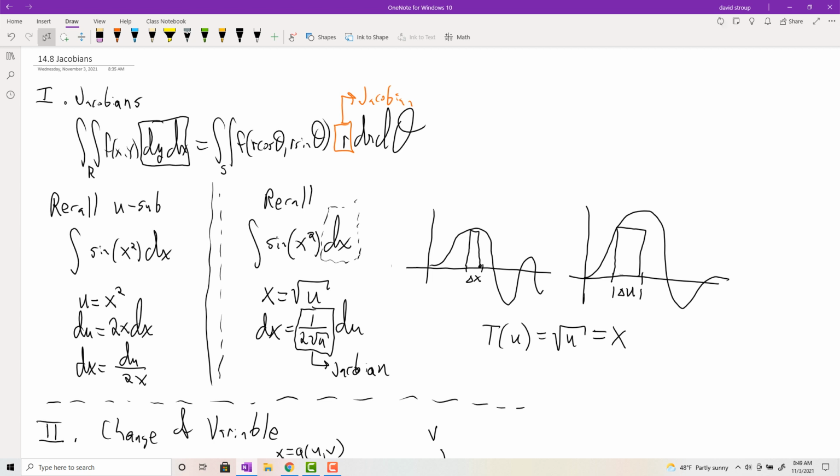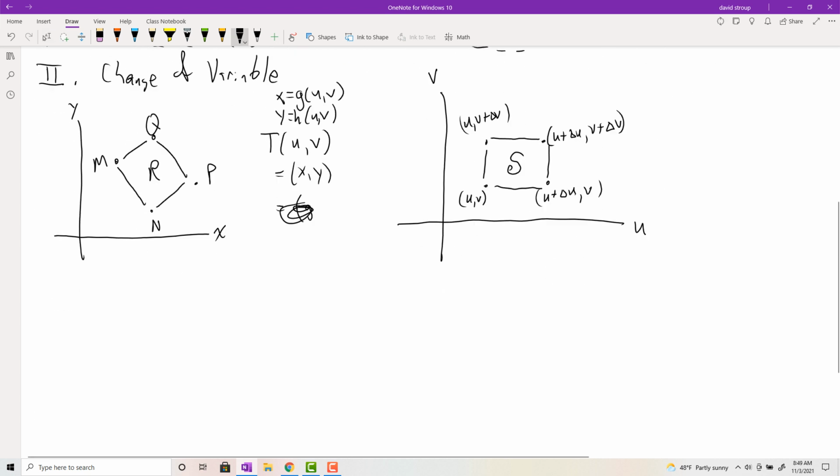You transform dx into this guy right here, some factor, the Jacobian, times du.